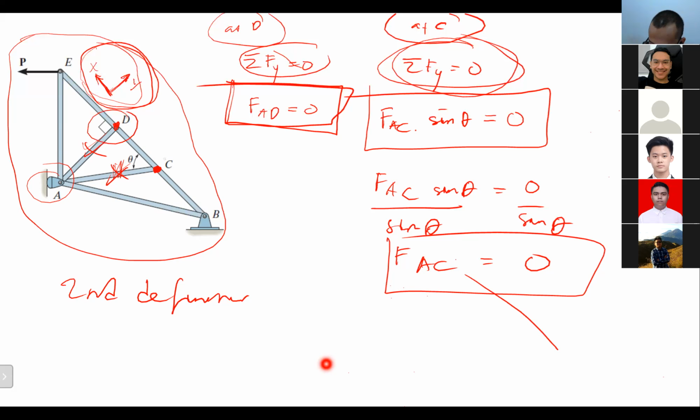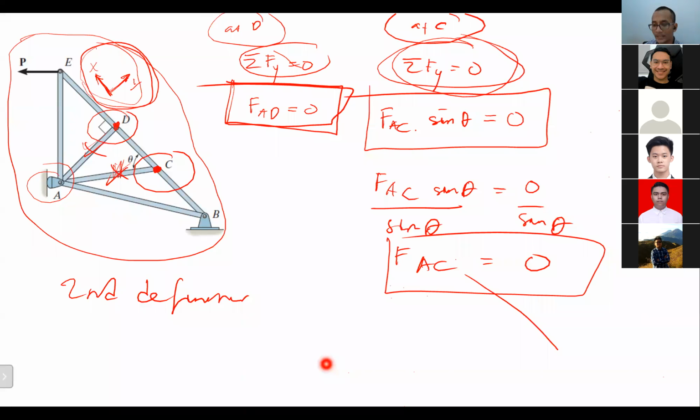This is what is happening at joint B and joint C. ED and CE are collinear, but AD is non-collinear, so AD will be a zero force member. The same as joint C: CD and BC are collinear, but AC is non-collinear at that joint. That's why AC will be a zero force member.